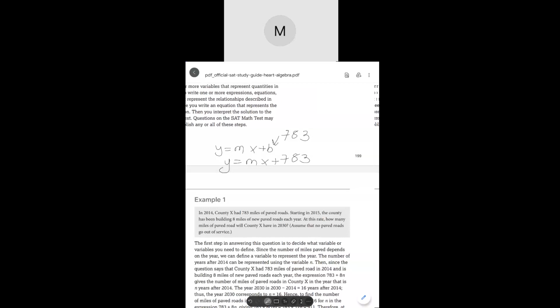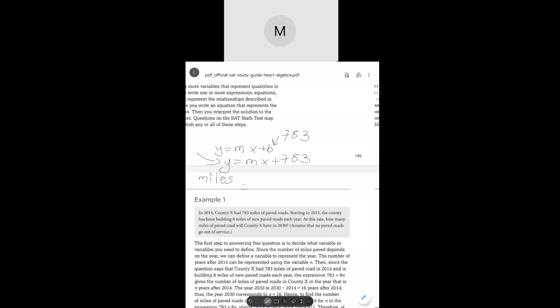So our question is asking us how many miles of paved road would be present. Here, y is our miles. So this is what we're trying to find. And it also tells us that every year we are extending it by 8 miles, right? How many miles of paved road will County X have in 2030?